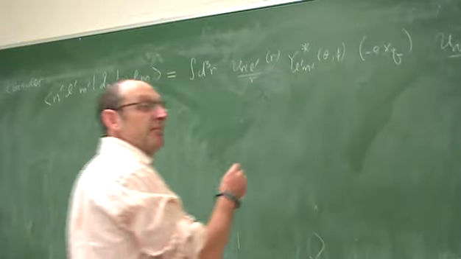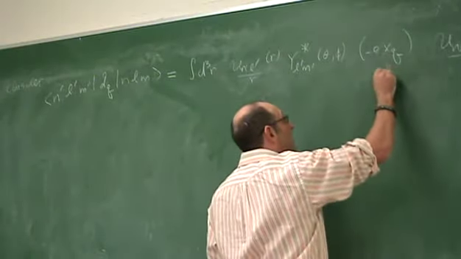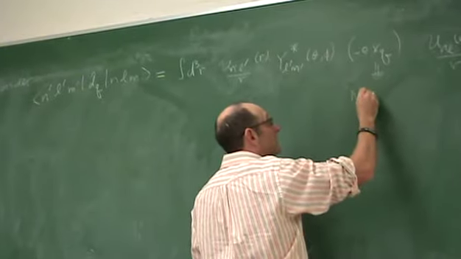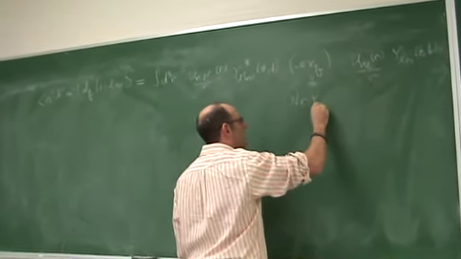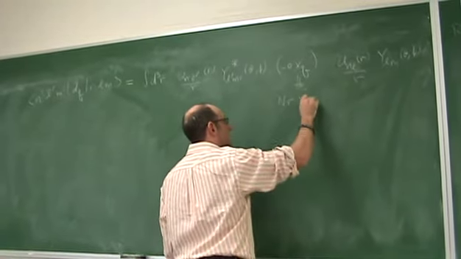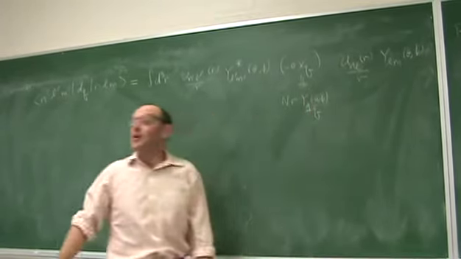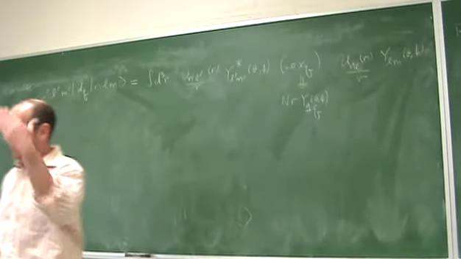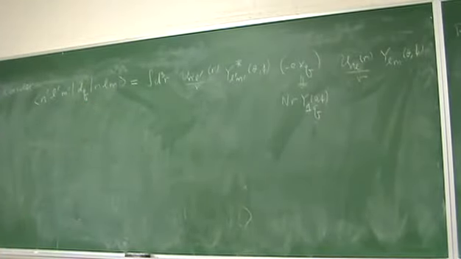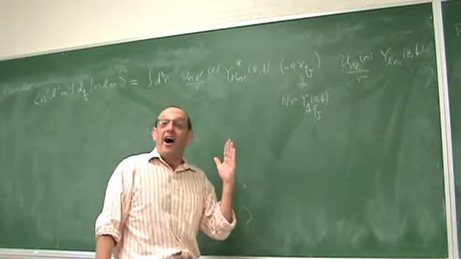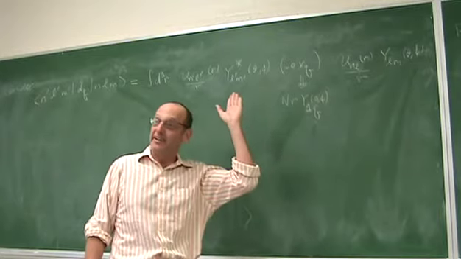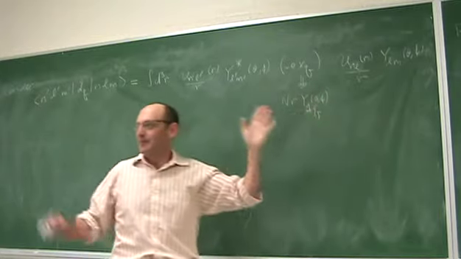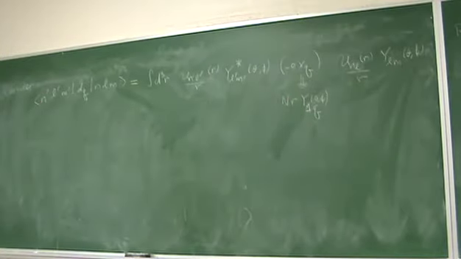Of course, x sub q is some number times r Y q1, because we said that the components of position in the spherical basis have the angular dependence of the rank 1 irreducible tensor, which is the spherical harmonic. If this was z, that was cosine theta, which was Y10.